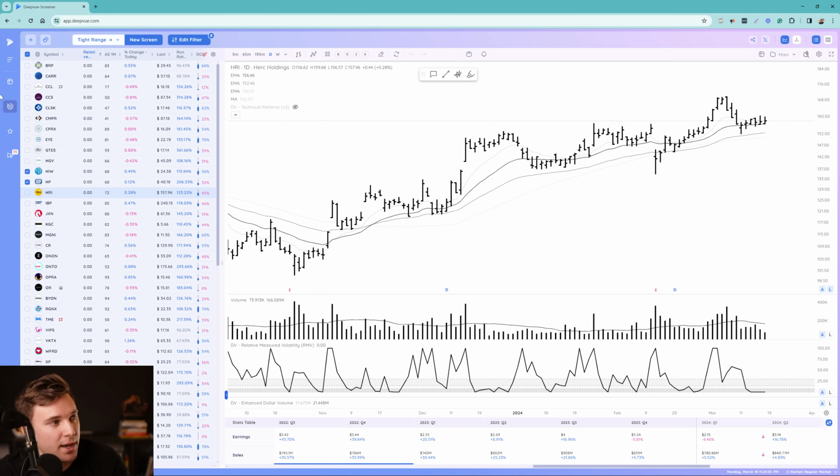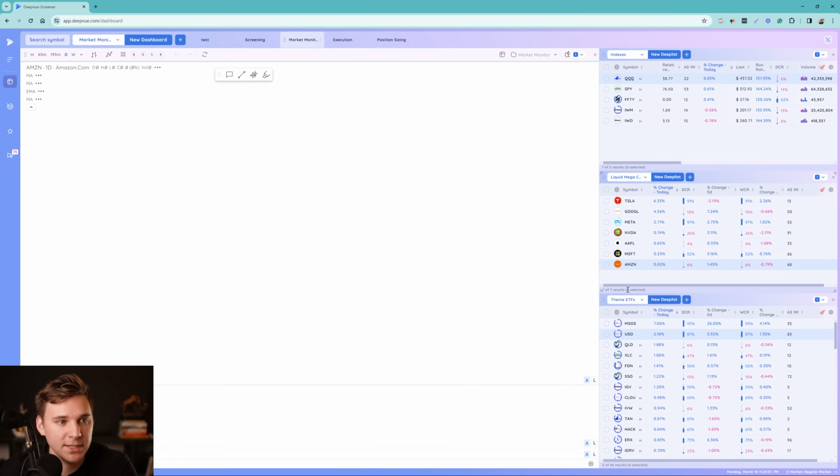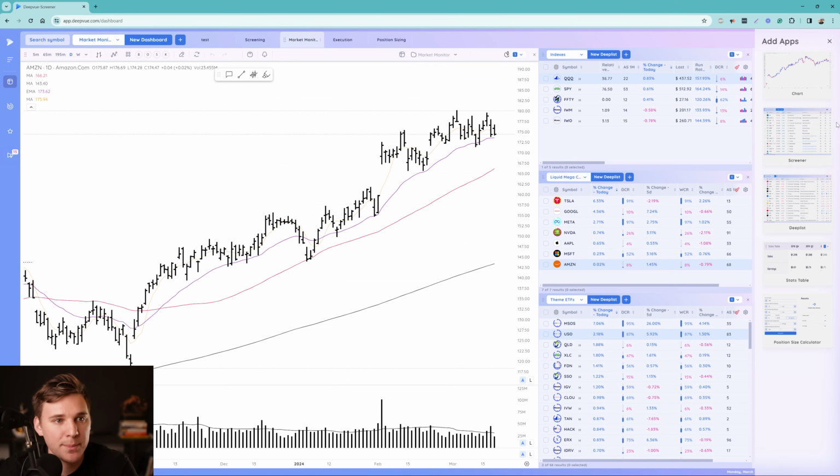Recently, we have the dashboard, which basically allows you to create your ideal trading layout here. You can add chart apps, the screener app, deep list app, so you can create your own dashboard that is ideal for your style and what you're looking to do.